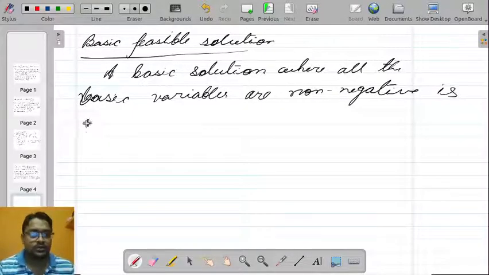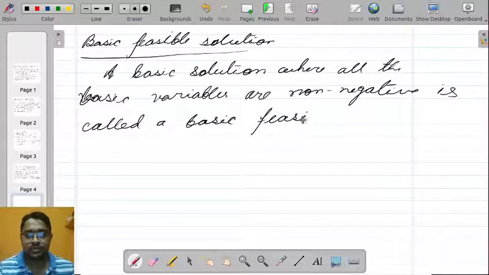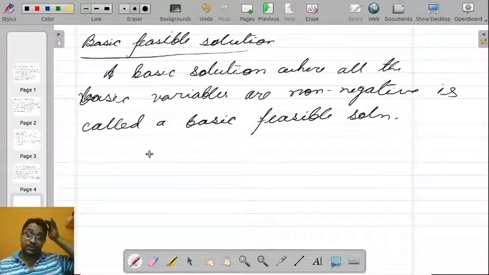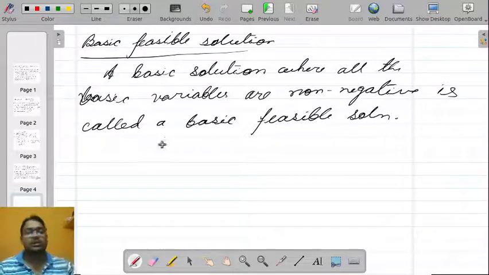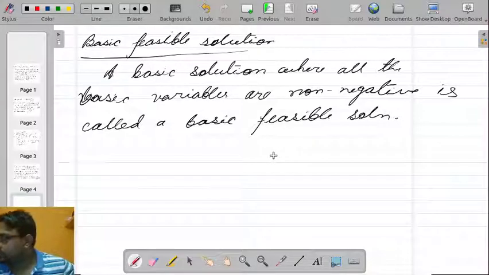The vectors associated with basic variables are always linearly independent, as we already discussed. So a basic solution where all the basic variables are non-negative is called a basic feasible solution of the LPP.